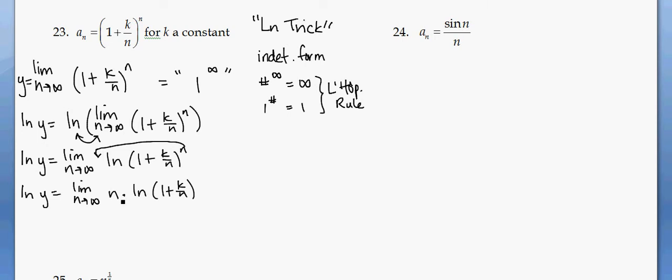And now to turn our multiplication into a division, we have to take the reciprocal of one of these things. Looking ahead, knowing I'll be using L'Hopital's rule and taking derivatives of these, I'd much rather take the reciprocal of this portion. So I'm going to write this as the limit as n goes to infinity. I'm going to leave the natural log of 1 plus k over n alone, and I'm going to divide it by the reciprocal of n, so divide it by 1 over n.